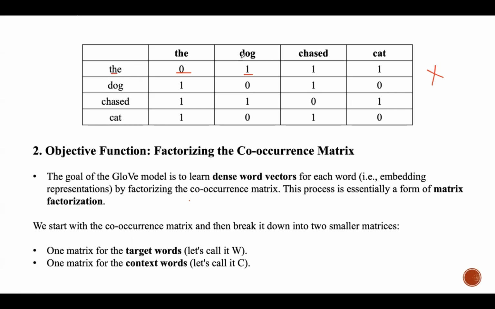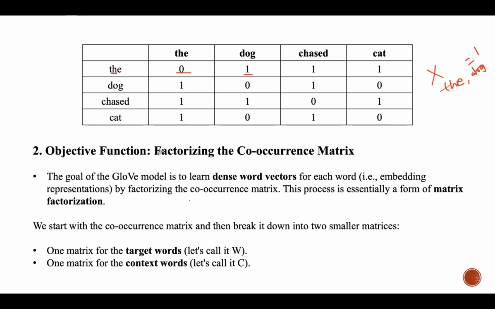The and dog appear together once, the and cat appear once, the and chased appear once. The size of the window, that is, the number of words considered as context, is a parameter that can be adjusted. And if you write the entry X(the, dog) equal to 1, it indicates that the and dog co-occurred in the context window.